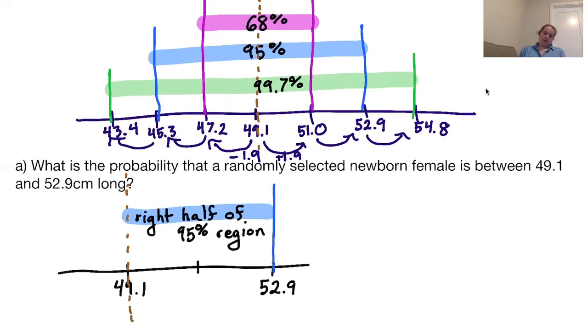Again, the brown line, the mean, cuts each region in half.